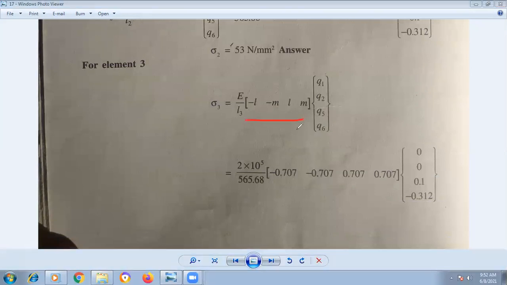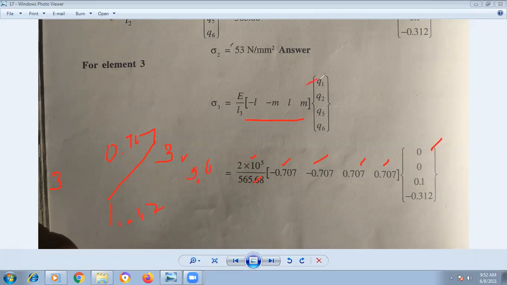Third element, E and L are same. L value and M value both are 0.707. You write it minus L, minus M, plus L, plus M. Since we have written element 3 is connected from initial node 1 to final node 3, this will have Q1, Q2, Q5, Q6.